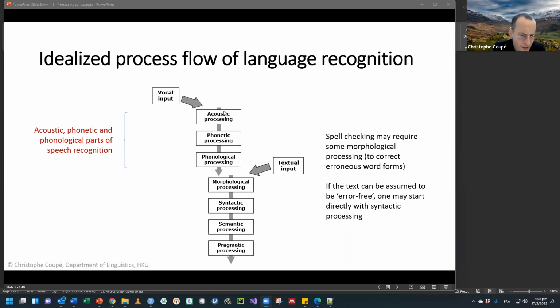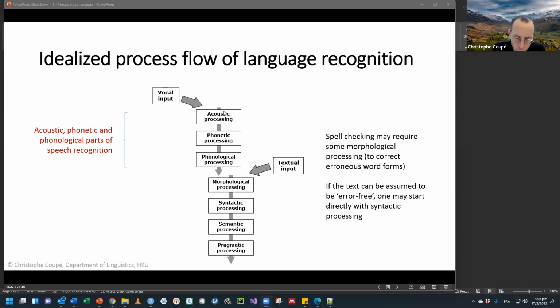When you have all these sounds, you need to extract the words, and then you need to make sense of the sentences. Or if you have a text, you don't need the acoustic processing, the phonetic processing, the phonological processing. You can jump straight to morphological processing and syntactic processing.